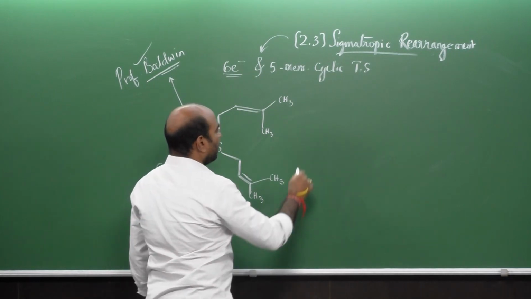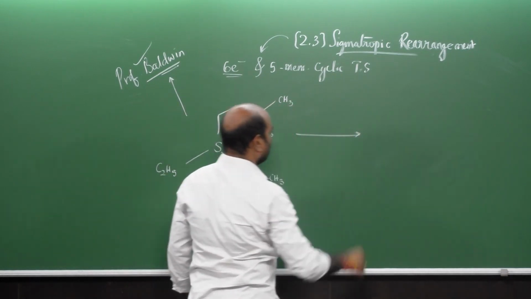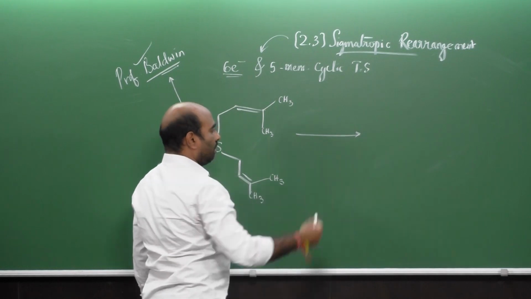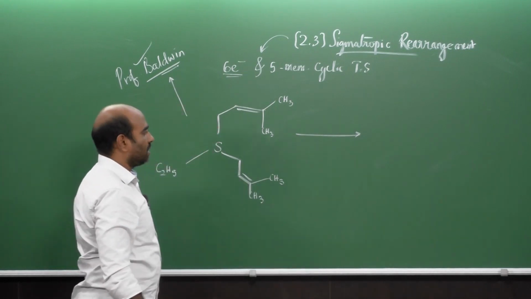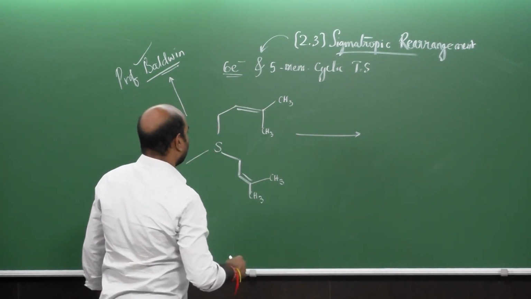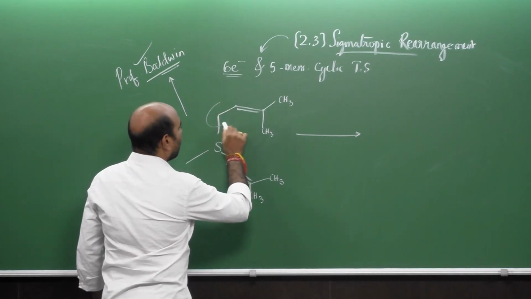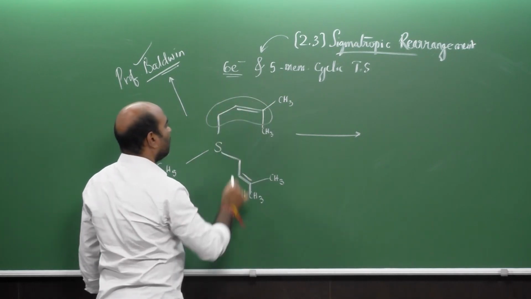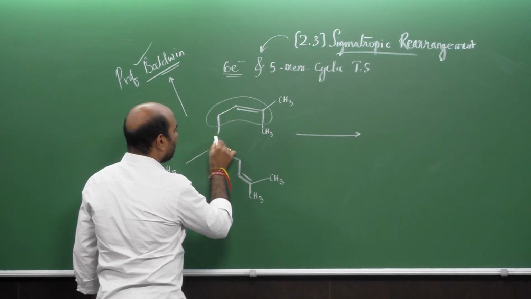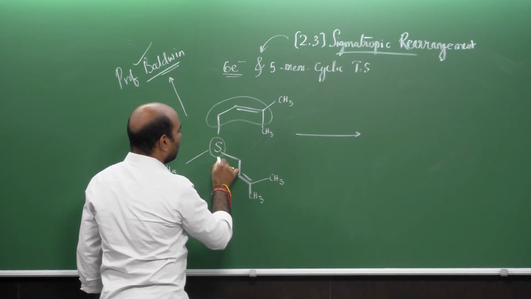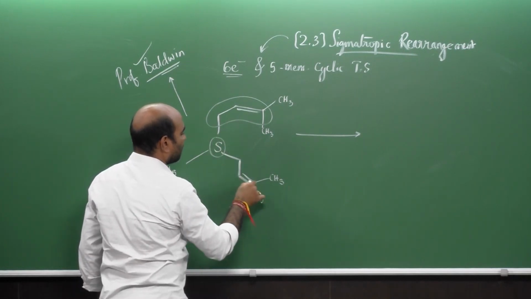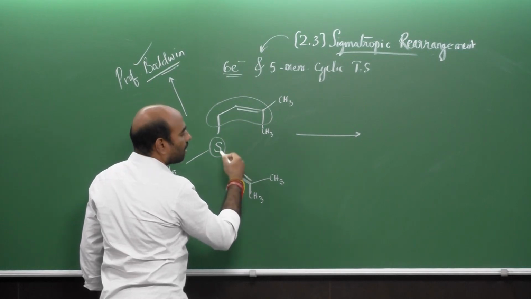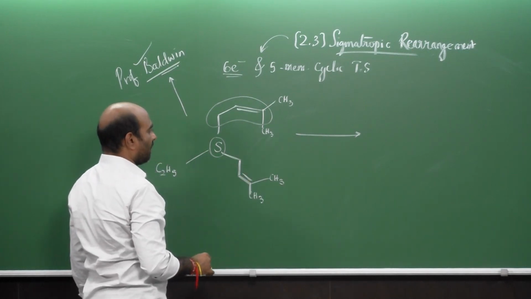How we number it to see that it undergoes 2,3 sigmatropic rearrangement is discussed now. There will be an allylic system connected to a heteroatom, and the heteroatom will have a further connection, either to a carbon atom or to another heteroatom.